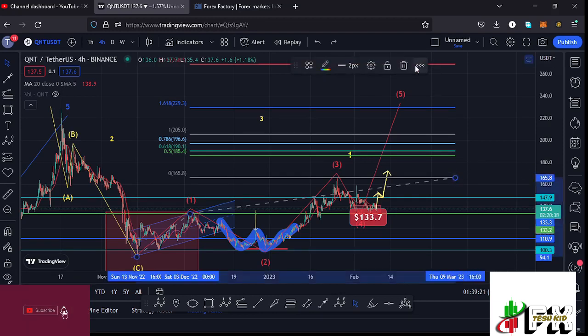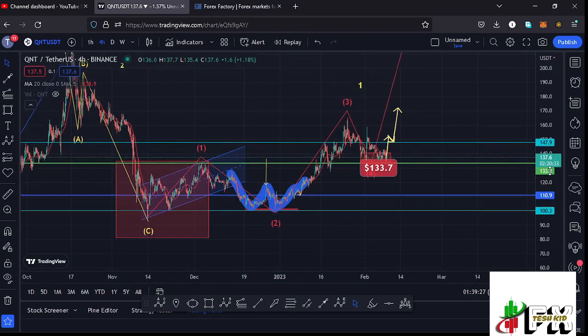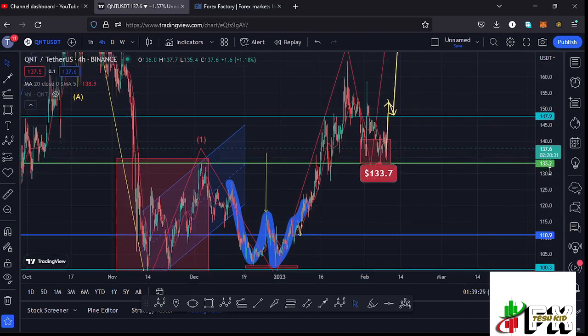In this video also, I want to prepare you for a worst case scenario that can only play out in case we lose the key area of support at around the $133.2 mark.